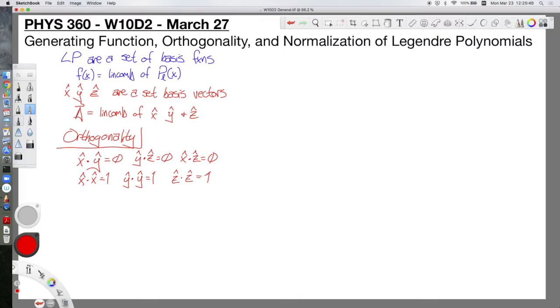And we want to see if our Legendre polynomials obey similar properties. So it will turn out that the Legendre polynomials are orthogonal, but not in as straightforward and literally geometrical a way as the unit vectors in Cartesian space are orthogonal.